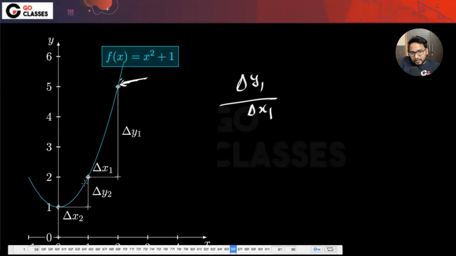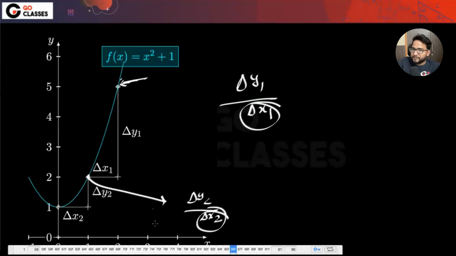Now similarly, suppose I find the slope at this point. This is y1, x1. The slope at this point will be del y2 upon del x2. Just imagine that del x1 and del x2 are the same, which means the x distances are same. Then can you tell me which slope is greater, at point A or point B?